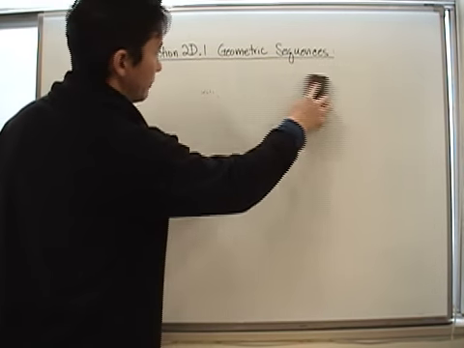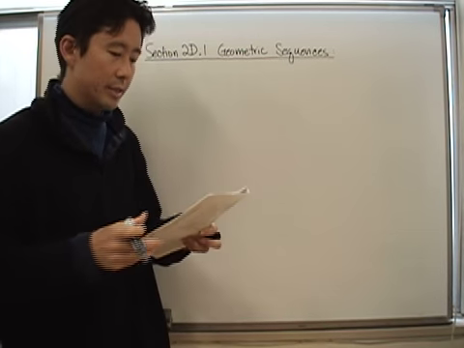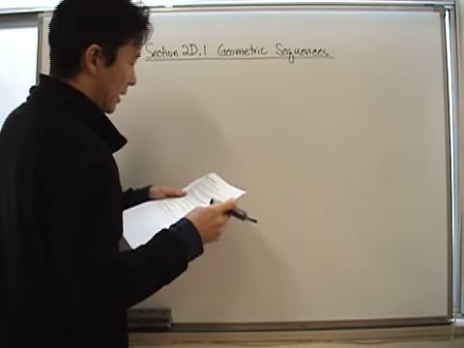Okay, we need to move on though from the arithmetic sequences to what are called the geometric sequences. So let's go ahead and define it.